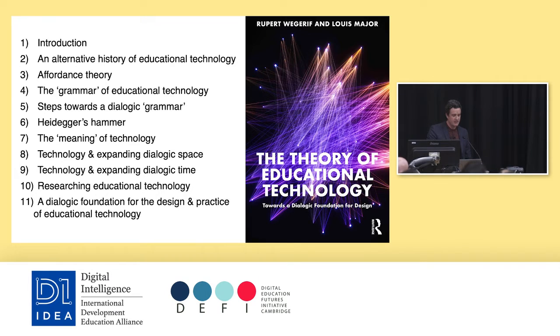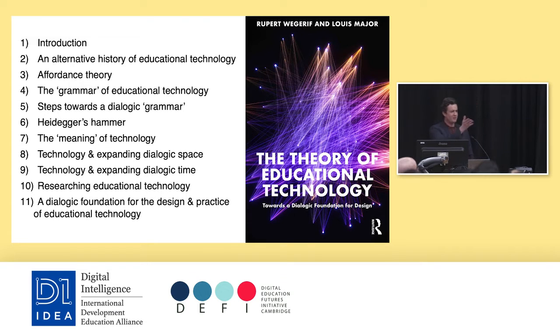Through that, we then move in chapter 5 to develop a new dialogic grammar, building on theories such as Heidegger, often applied to studies of education technology, again, looking at that through this dialogic lens.